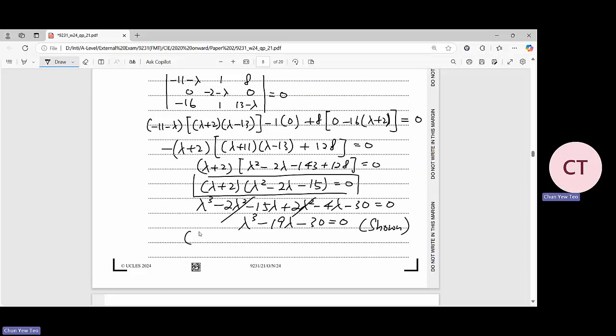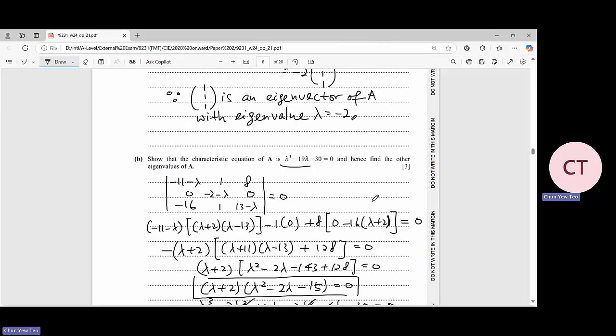We factorize the quadratic portion: lambda minus 5 and lambda plus 3 equal to 0. Therefore, your eigenvalues will be negative 2, negative 3, and 5. So these will be the eigenvalues.